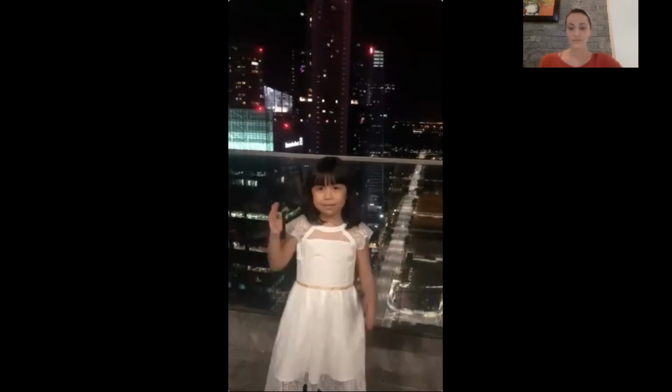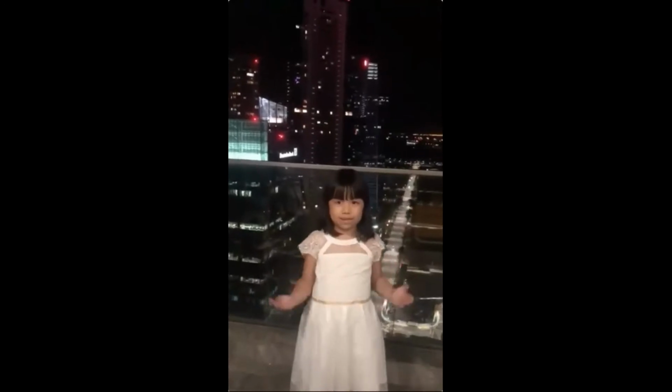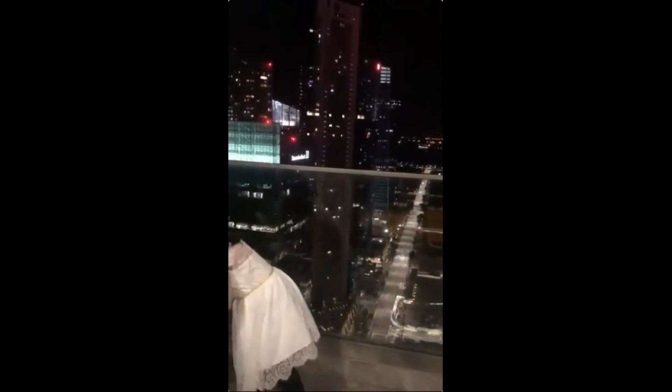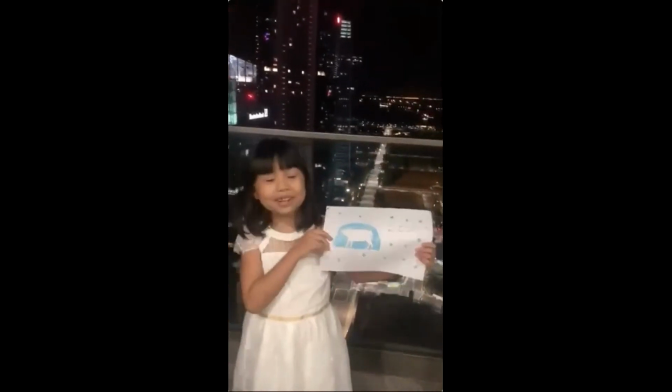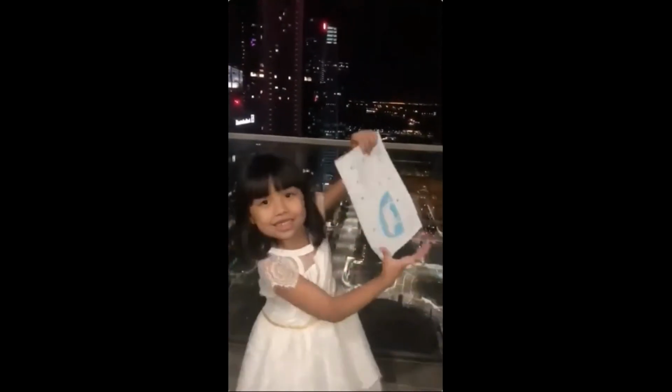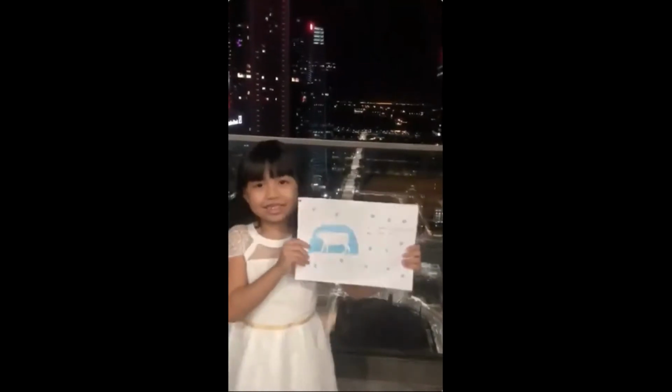Hello everybody, my name is Micah and today I'm going to show you how polar bear is when there's a natural climate change. This is a polar bear on its sea ice, see?